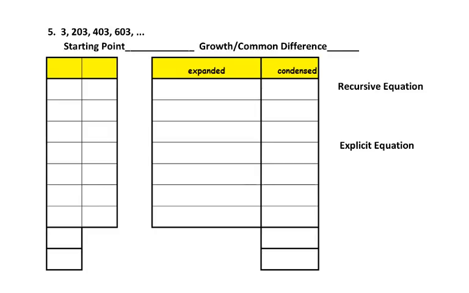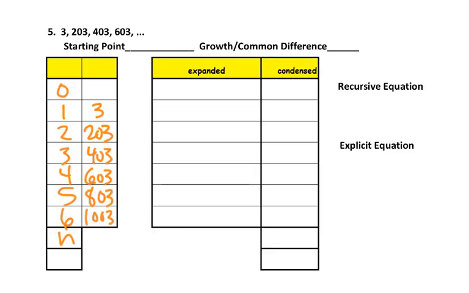Now, number 5 is as far as we should have got, so 0, 1, 2, 3, 4, 5, 6, and n. So we have 3 is our first term, 203, 403, 603. Hopefully we can see that would be 803 and then 1003, so we're adding 200 here.